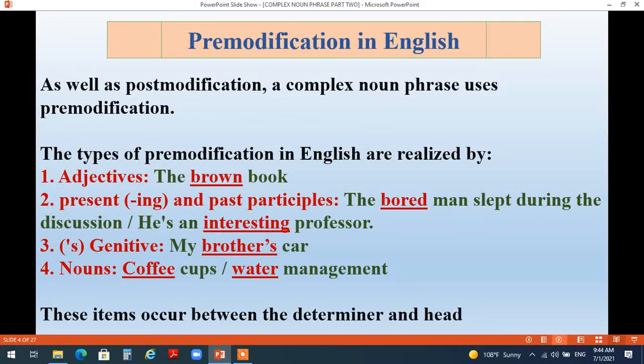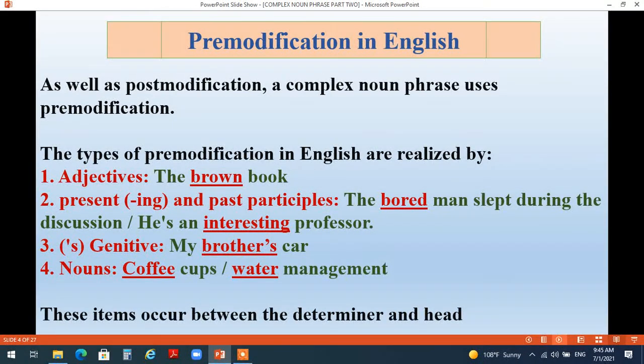Now, pre-modification in English. We can start discussing the details of this topic by saying that, as well as post-modification, a complex noun phrase uses pre-modification. We have learned in the previous lecture that a complex noun phrase consists of three parts. The central part is the head word, and we have pre-modification, which are the words used before the noun, and post-modification, the words which go after the noun.